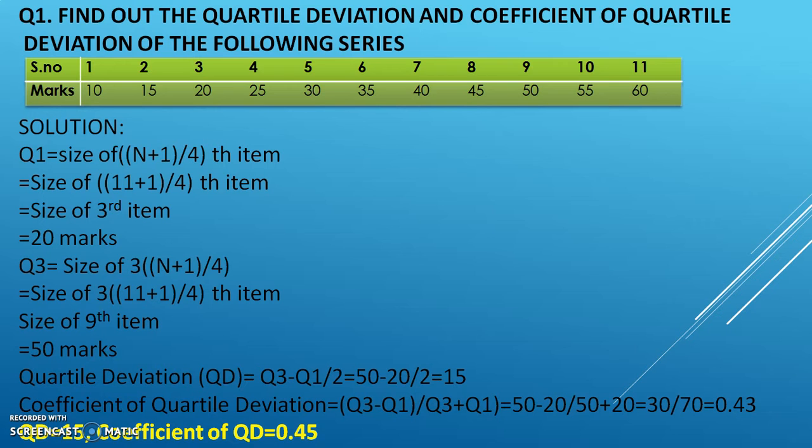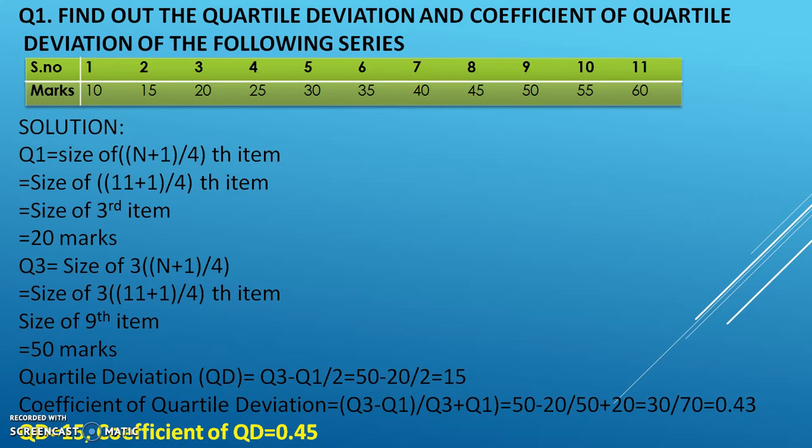First we'll take an individual series, where there is no frequency, no class interval. So first thing, since it's a positional average, we have to see whether our series is arranged or not. If it is not arranged, we have to arrange it first. Here it is already arranged, so no need of it.